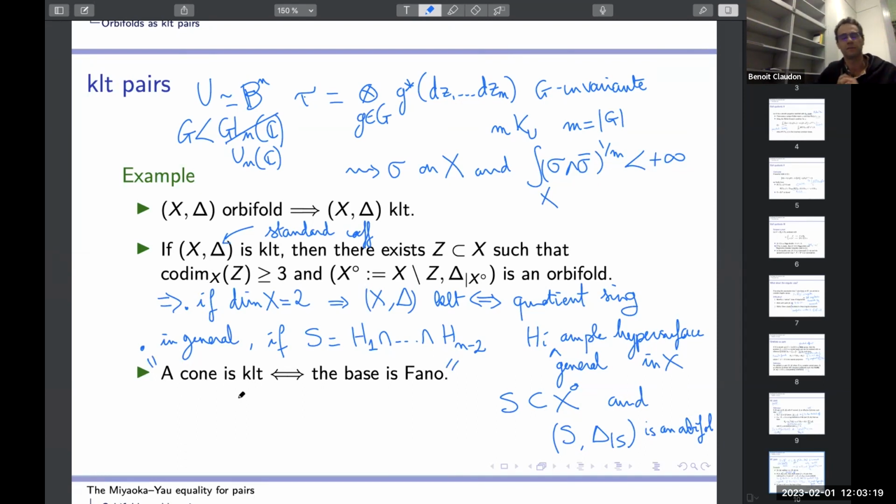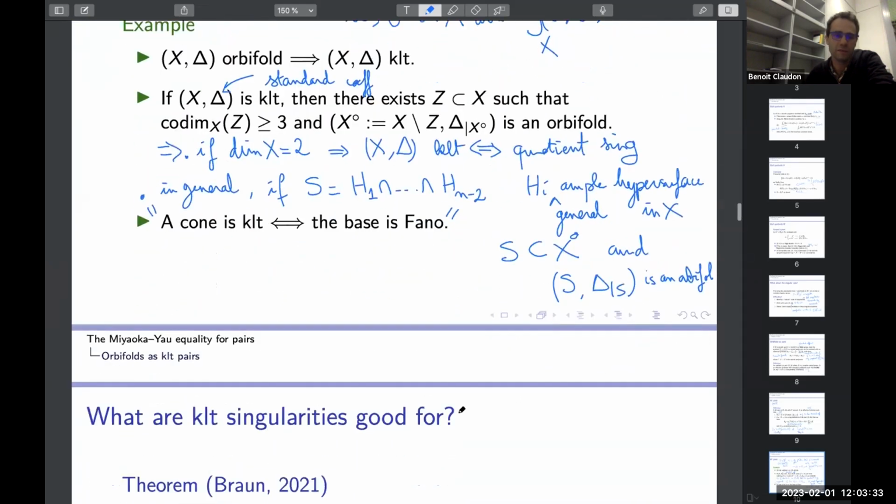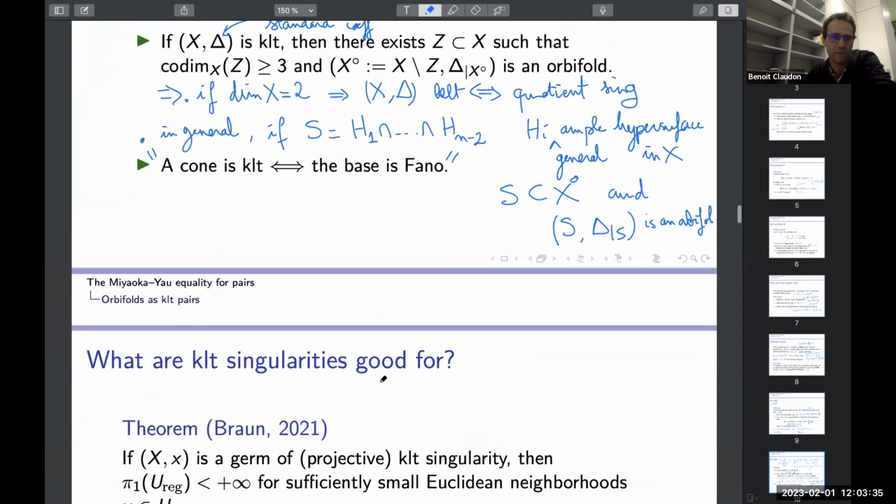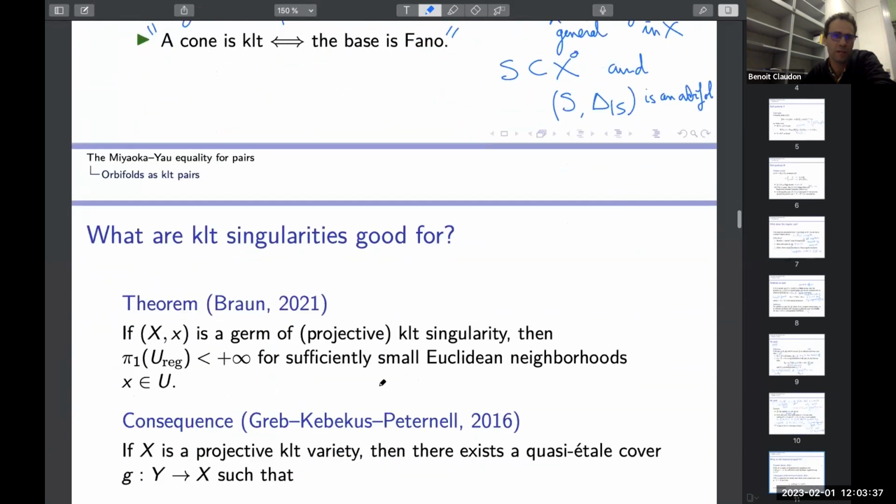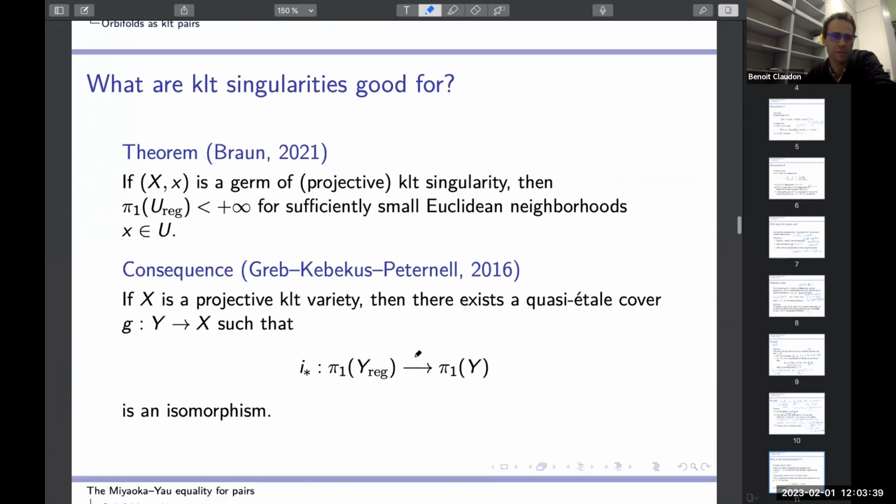If you look at a cone, in general this is KLT if and only if the base is Fano also. So it says that KLT singularities have to do with Fano, or at least with singular Fano varieties.